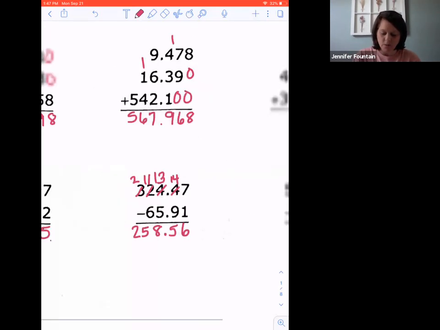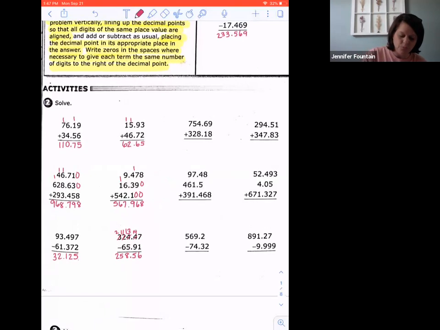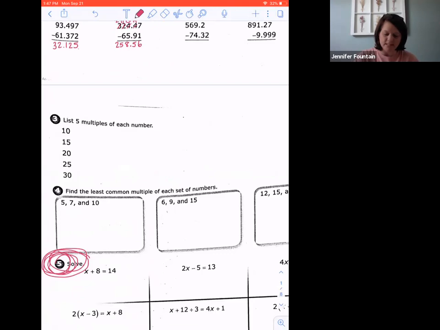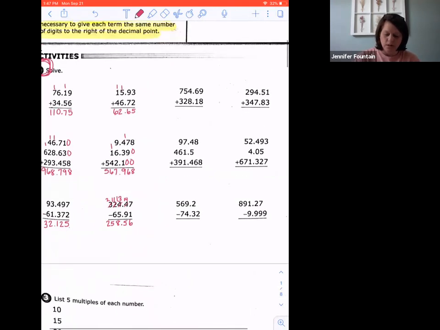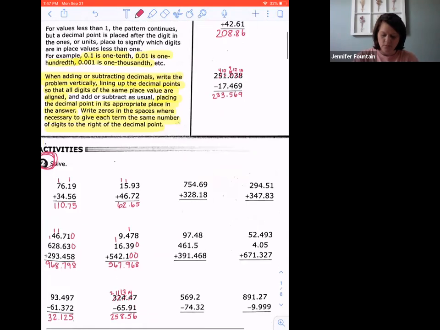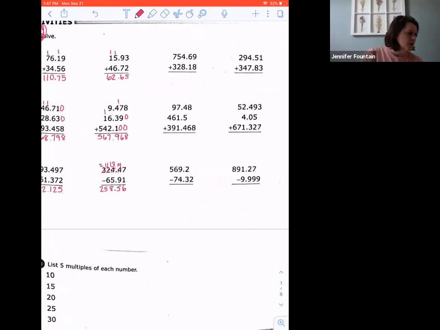Okay, so your second homework assignment will be to finish activities 2. So what we'll have is activities 2 on page, where's my page number? Well, I didn't copy it on here. So let's see what page that is.